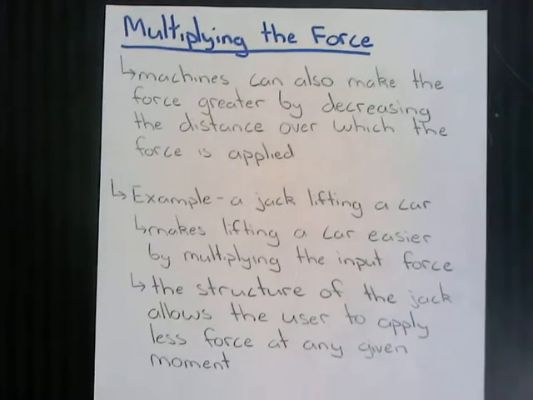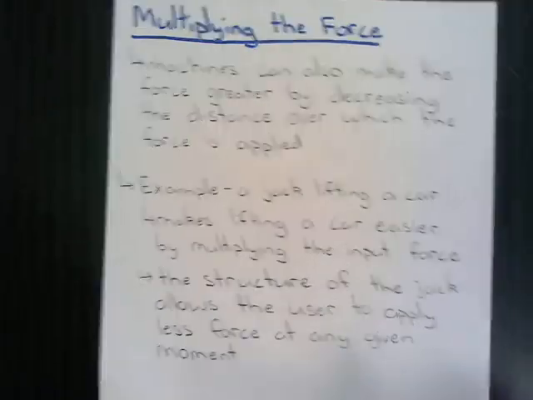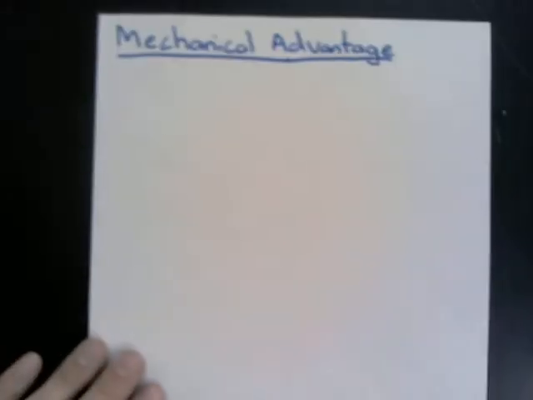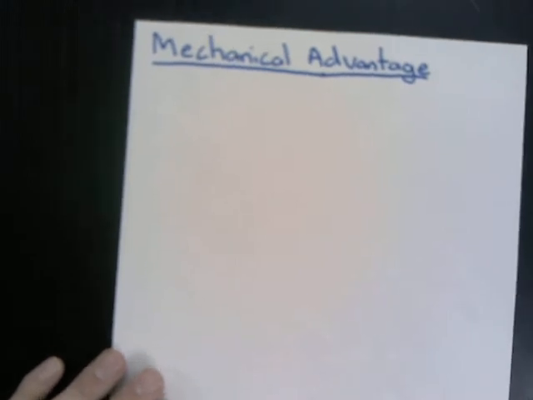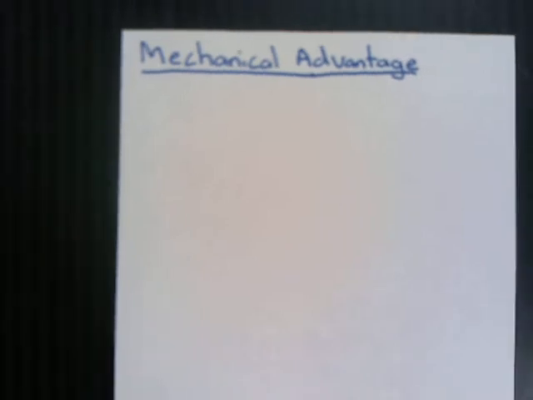All right, so let's apply some mathematical concept to this whole business of the machines, or what they allow us to do. So mechanical advantage here, we're just going to start out with a definition, and this is a quantity that expresses how much a machine multiplies the force or the distance.